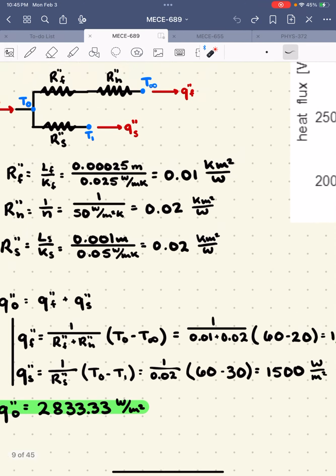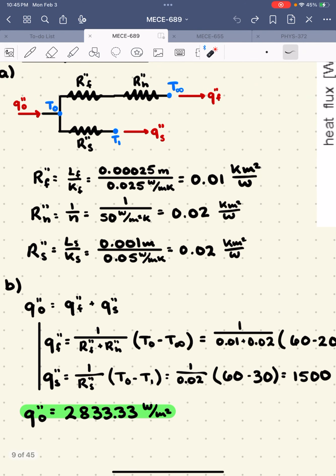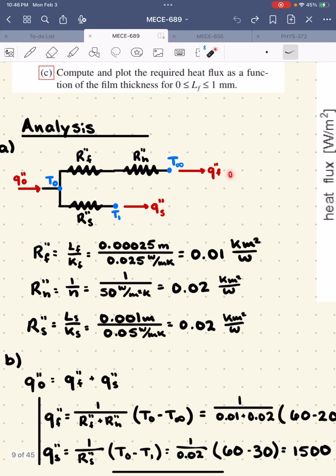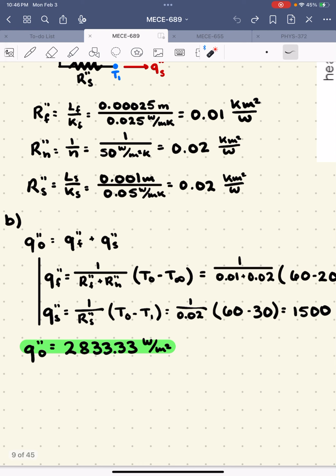Putting this all together, we have that Q naught is equal to QF plus QS, just balancing out the input with the outputs of this thermal circuit. And we know that QF, or Q of the thin film, is 1 over the resistances added in series times the temperature difference, and QS is 1 over the resistance, since there's only one of them, times the temperature difference here.